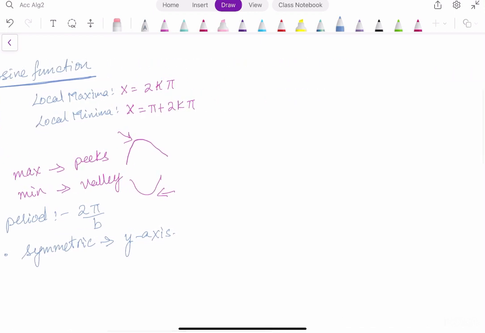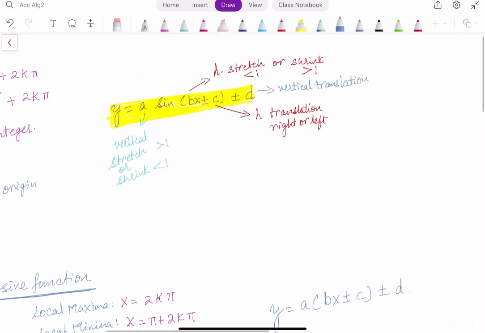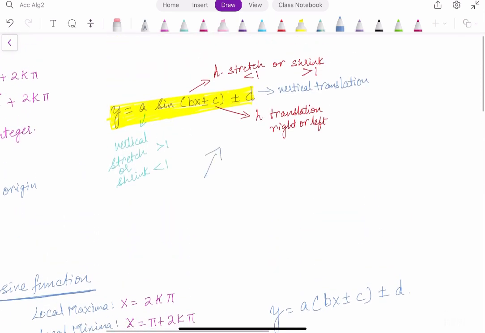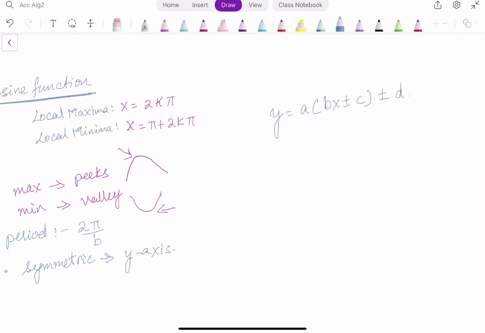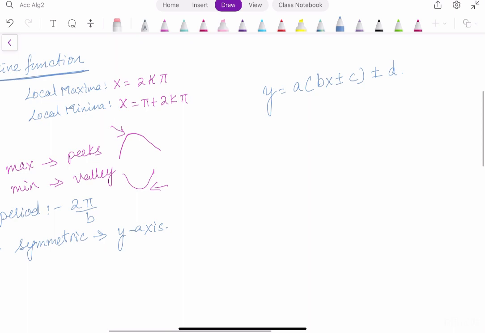So if I have to write the parent function for cosine, it will be y is equal to a times cos bx plus minus c plus minus d, so it is the same as the sine function. I forgot to write cos after a, because I typed it in first and then I'm doing the voiceover, so I cannot rewrite it again.